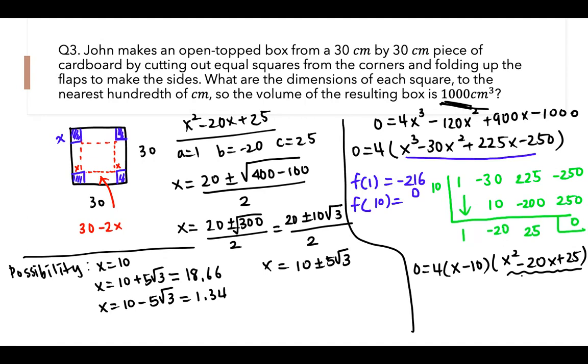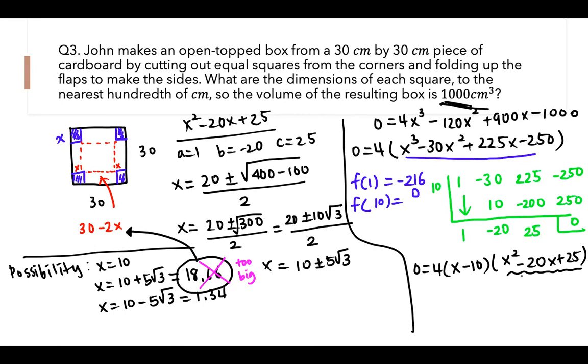Now, does it make sense for my height to be 18.66? This is impossible because if I were to plug it back into the length or the width equation, it's going to give me a negative number. It's too big. So that's not possible.